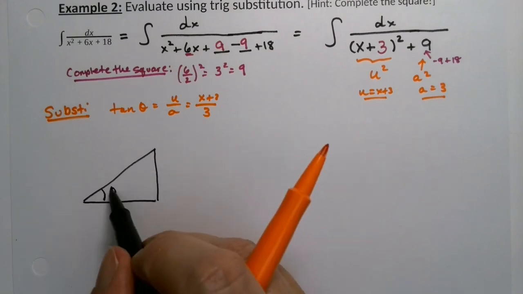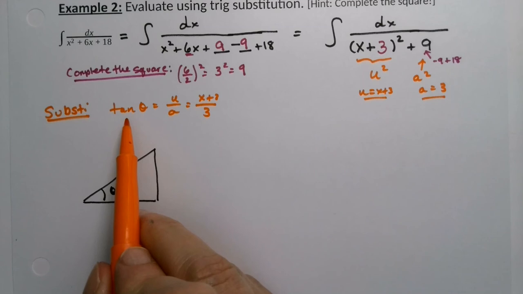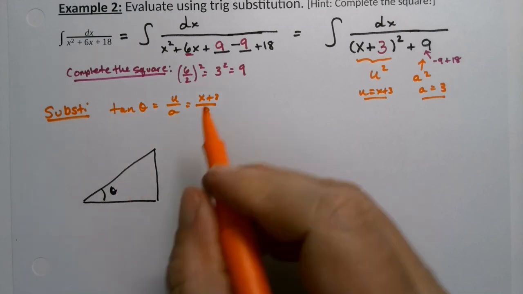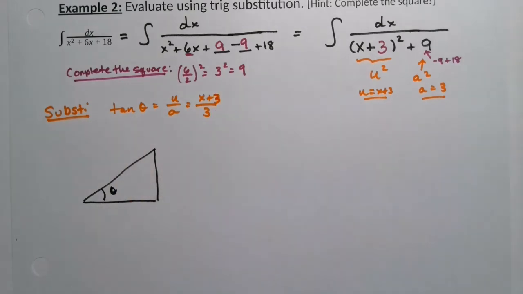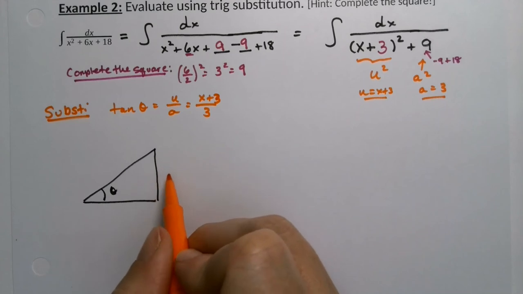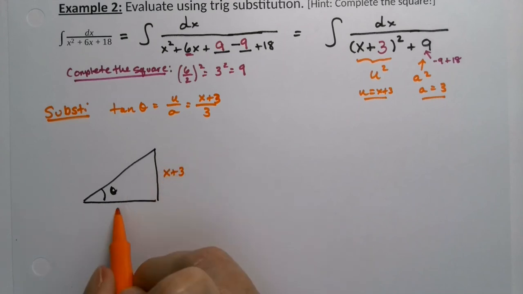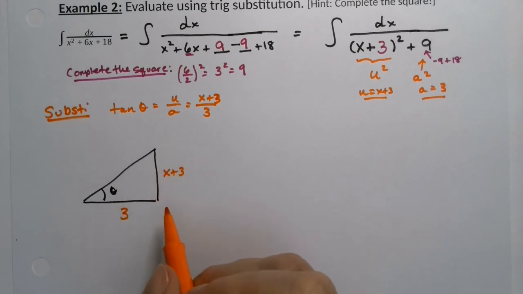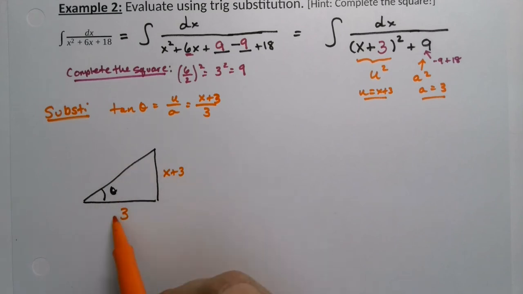If I have an angle theta, the tangent of theta is the opposite over the adjacent. Oh, sorry, that's a 3. It looks weird. So that means that the opposite over here is x plus 3. The adjacent right here is 3. And then I can use the Pythagorean Theorem to find the other side, which I will do.